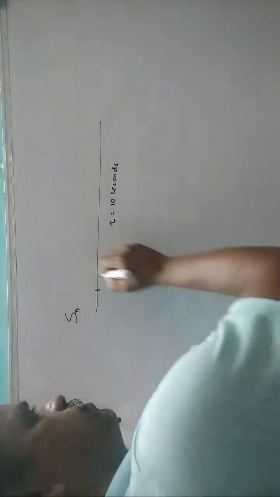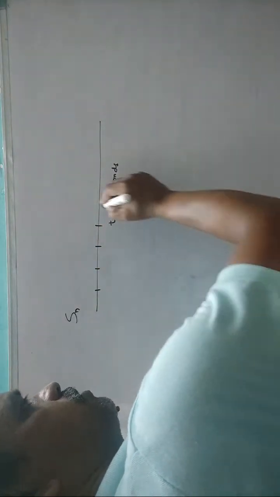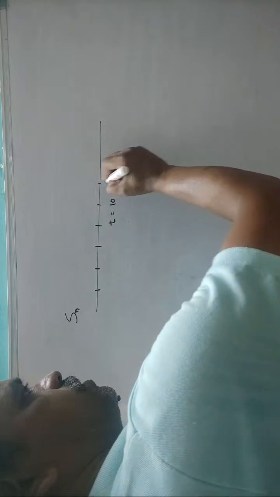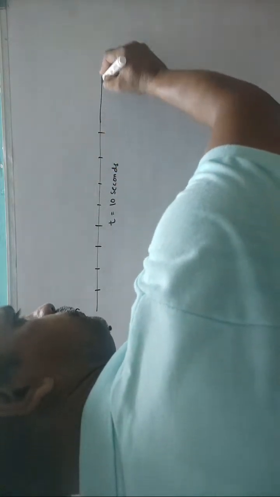So we have to split it: first second, second second, third second, fourth second, fifth second, sixth second, seventh second, eighth second, ninth second, tenth second.